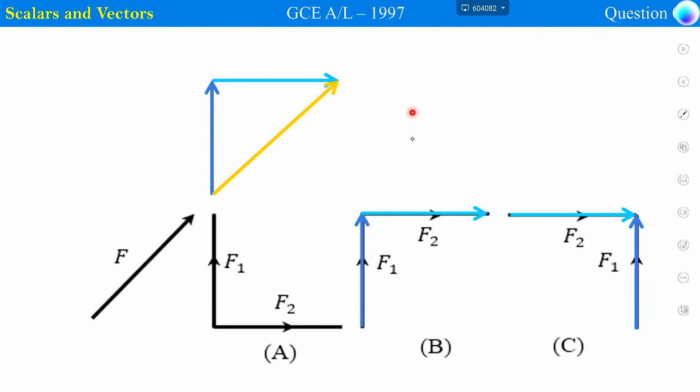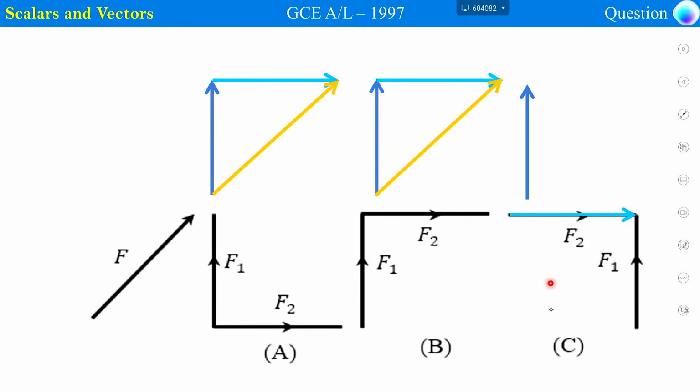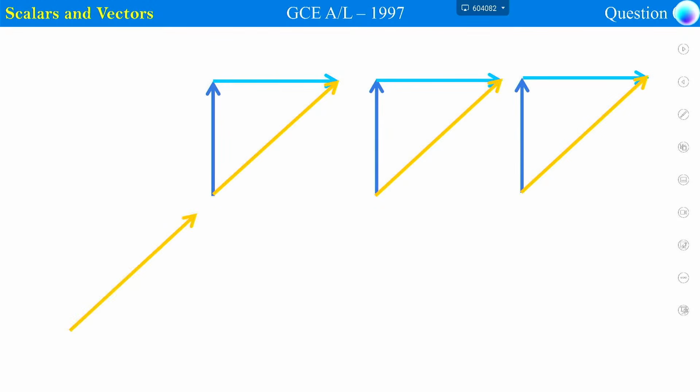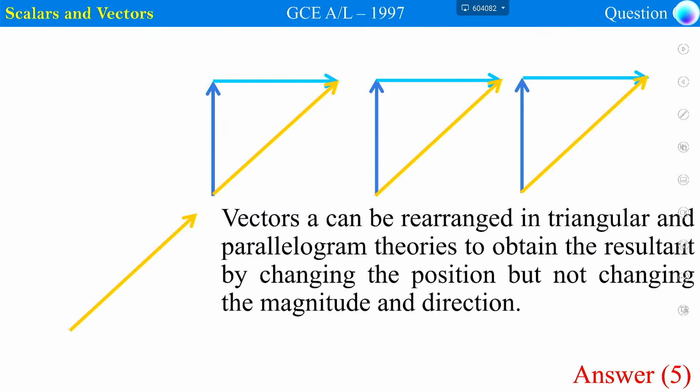We connect them and this is similar to F. Now we take F1 and F2 again, and from starting point to end point, we connect and it's almost the same as this. So we take F1 here, and from the point it is over, we draw F2. Starting point to the end point, yes, you can see all three are similar to this. So the answer is fifth one.